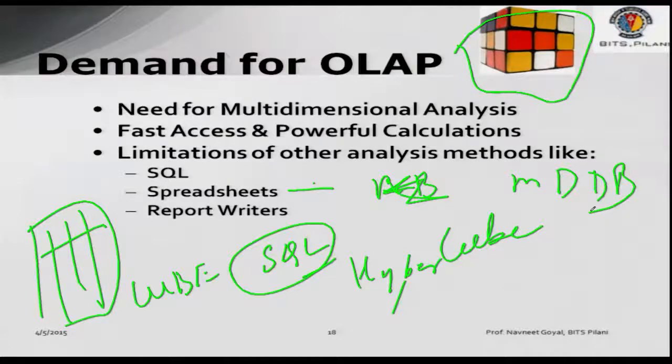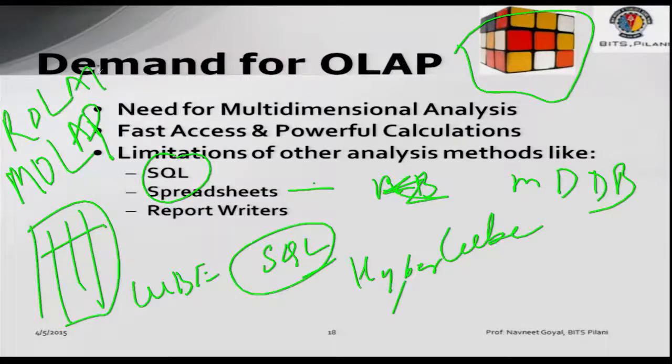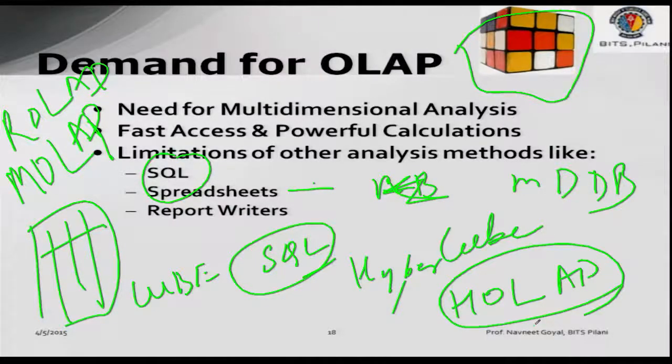You'll see that there are lots of implementations of OLAP where some of the data is stored in multidimensional databases, and we refer to that as multidimensional OLAP, or MOLAP. This is one of the flavors of OLAP. Whatever we do using SQL and relational databases is called ROLAP. And the mixture, where I take the positives from both ROLAP and MOLAP, is called HOLAP, the hybrid OLAP, which takes the best of the relational model and the multidimensional model.